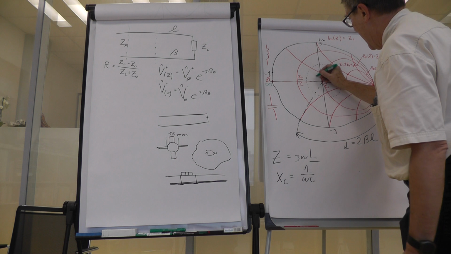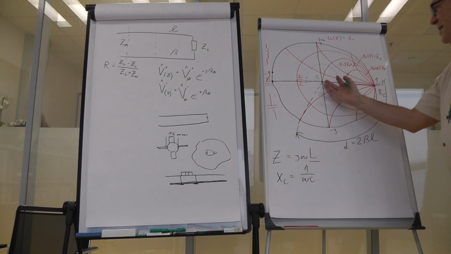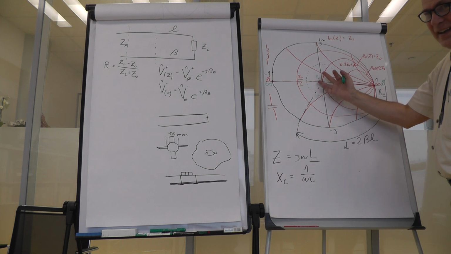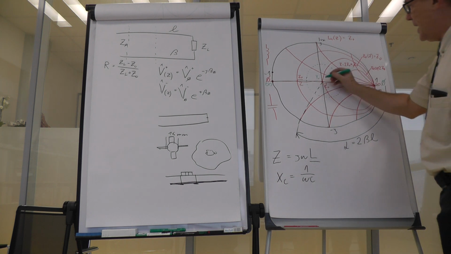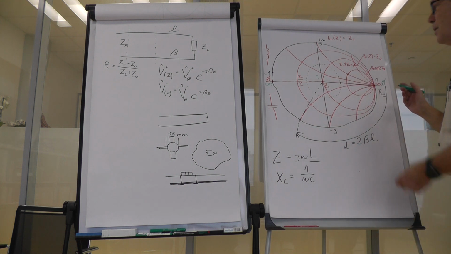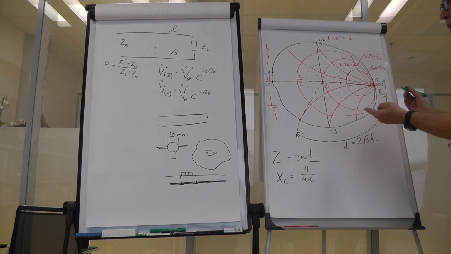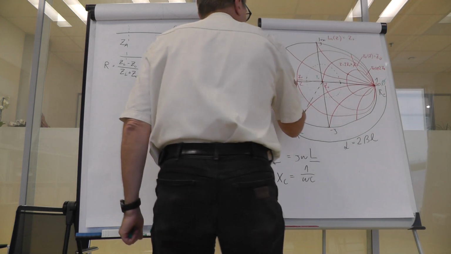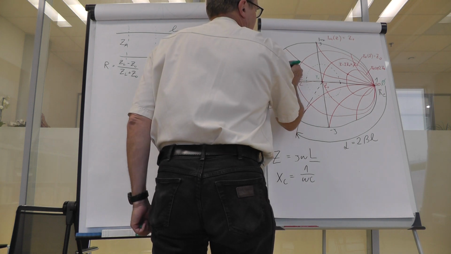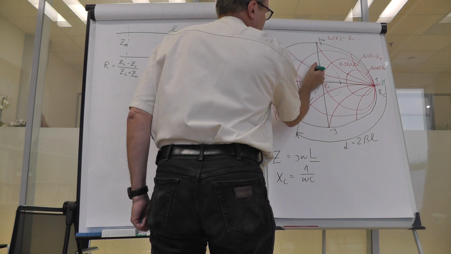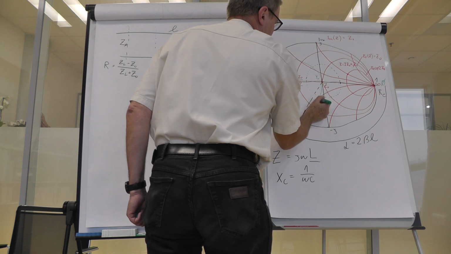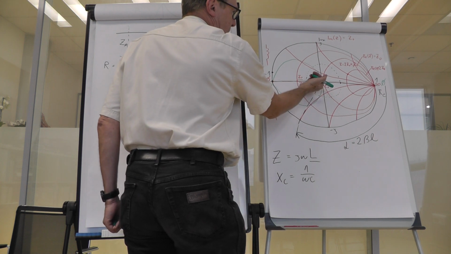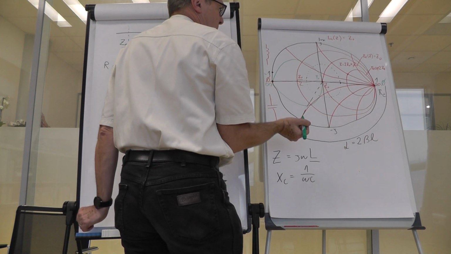Of course, we have 1 over Z0, that is Y0, the characteristic admittance at the center of the line. And now we would get a similar set of circles. For example, this circle is a circle on which any admittance with the real part equal to 1 divided by Z0, or Y0, must sit.